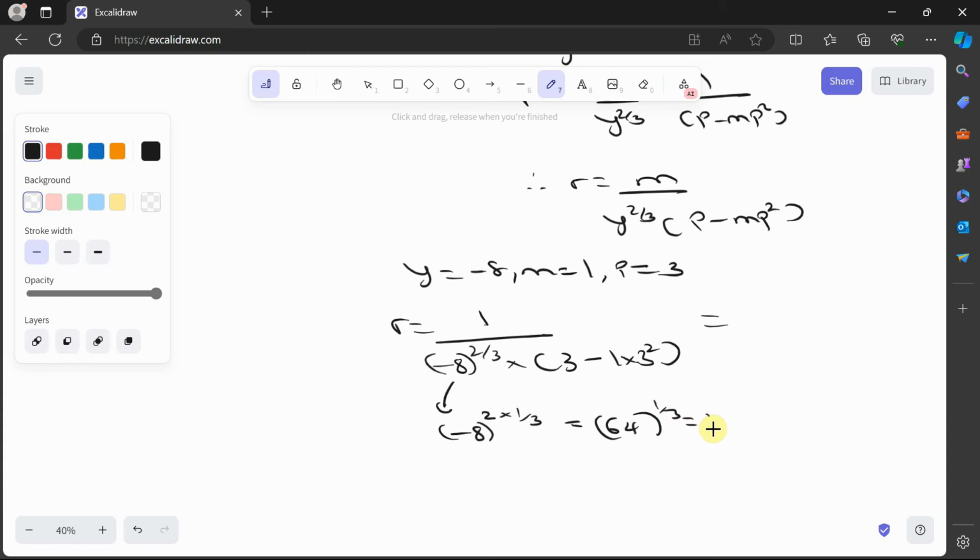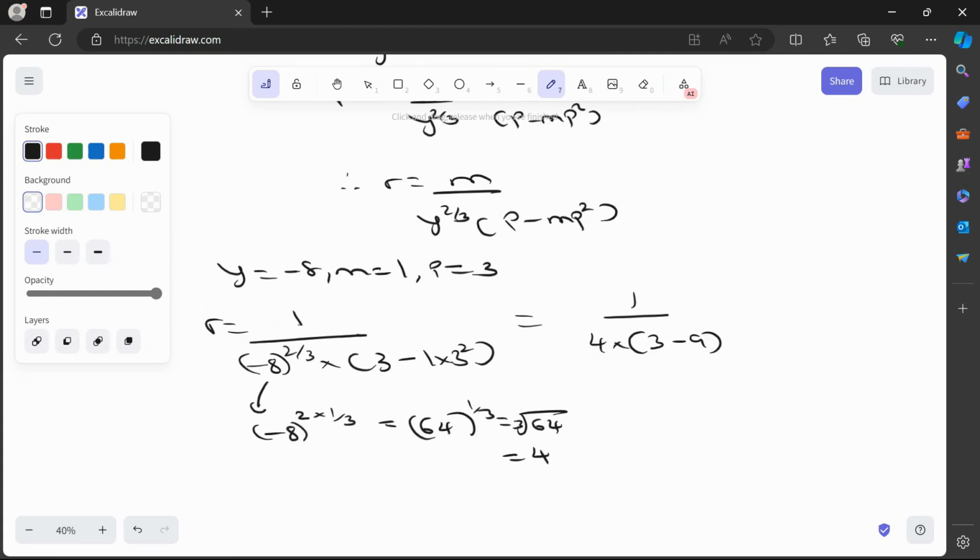That's like saying find the cube root of 64. And if you find the cube root of 64, that will give you what? 4. Because 4 times 4 is 16, 16 times 4 is 64. So this has been reduced to 4. So I can see this is like saying 1 over 4 times 3 minus 1 times 3 squared. 3 squared is 9. So 9 times 1 is 9.